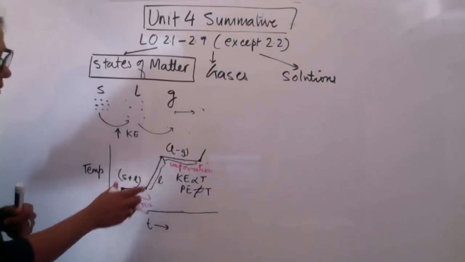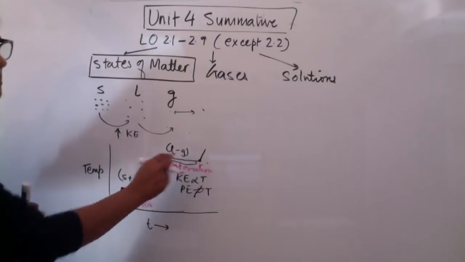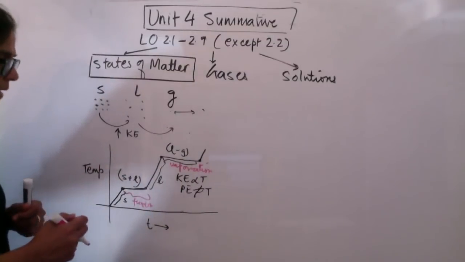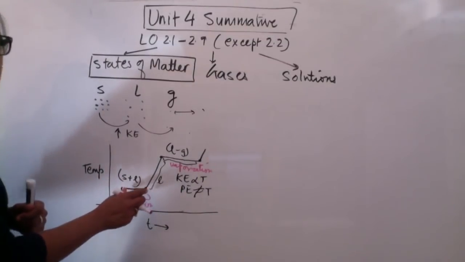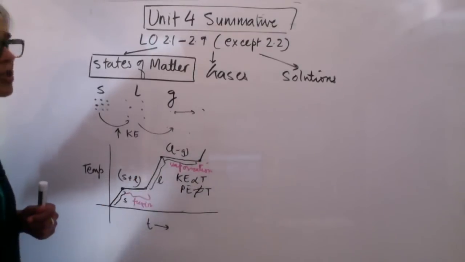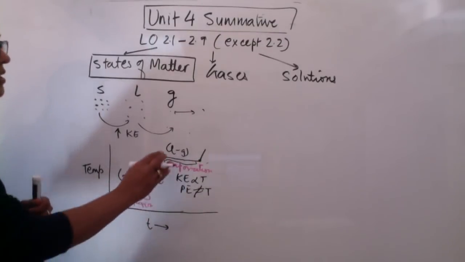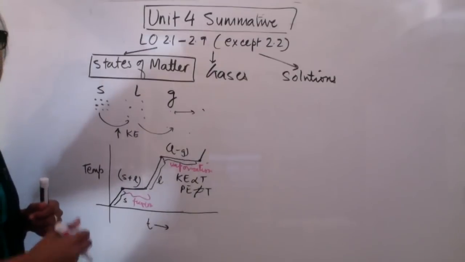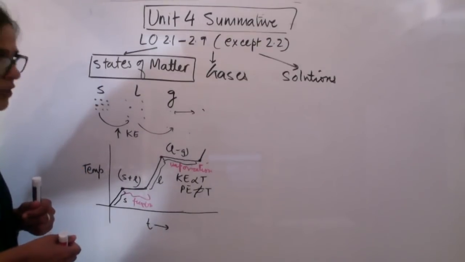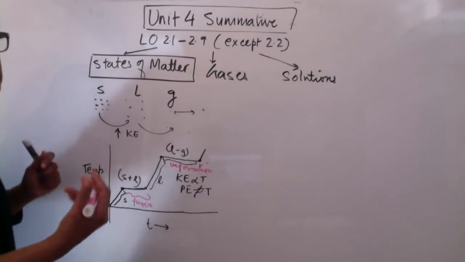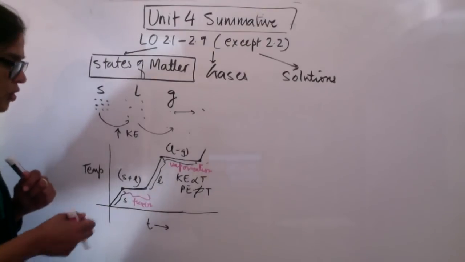Because you are observing this graph for the same sample of matter, fusion requires lesser energy and vaporization requires a lot more energy, because in vaporization you are overcoming all the intermolecular forces of attraction, because gases have practically no intermolecular forces of attraction.